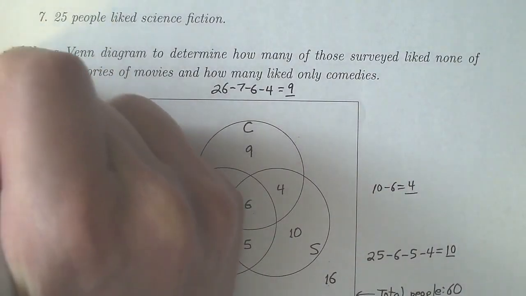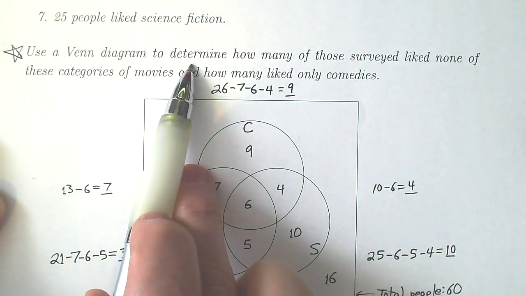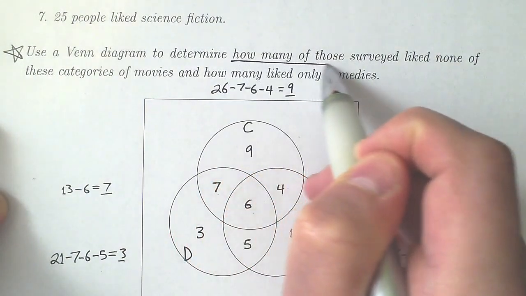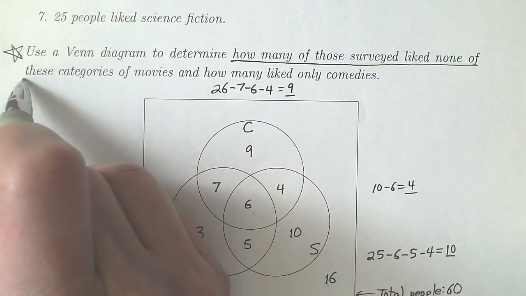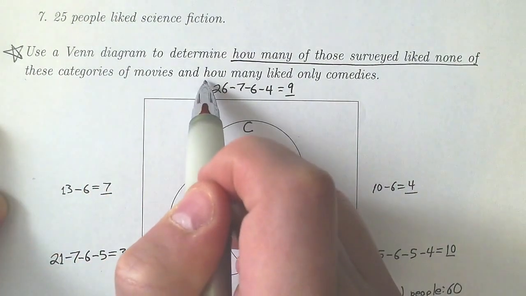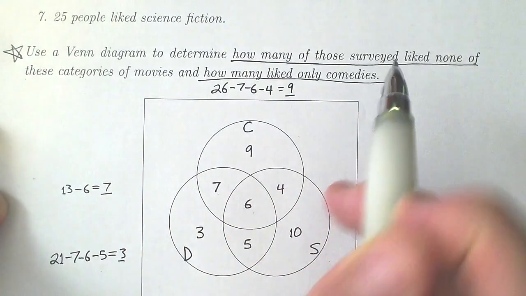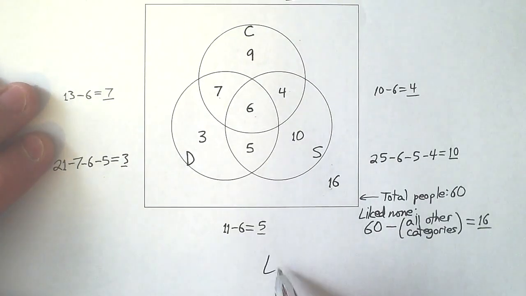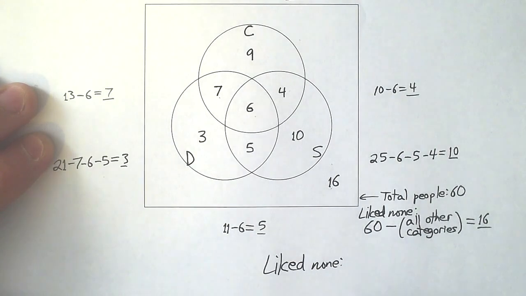Right here. Use a Venn diagram to determine, what does this want from us? How many of those surveyed liked none of these categories? And how many liked only comedies? So we could answer the question finally. The number of people who liked none, we just found that one, that was 16.